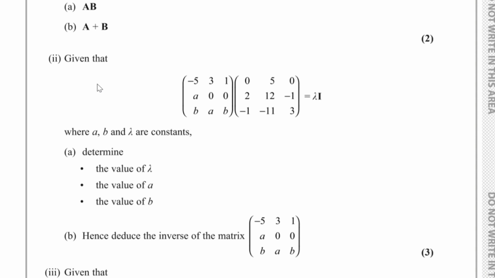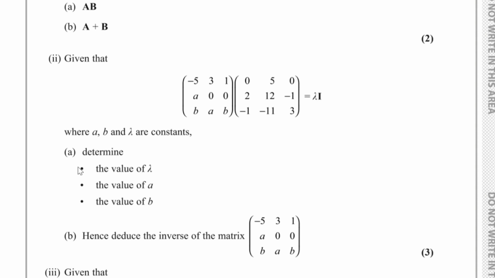Now for the next part, we're given this matrix, minus 5, 3, 1, A, 0, 0, B, A, B, multiplied by this matrix here, 0, 5, 0, 2, 12, minus 1, minus 1, minus 11, 3, and this is equal to lambda lots of the identity matrix.